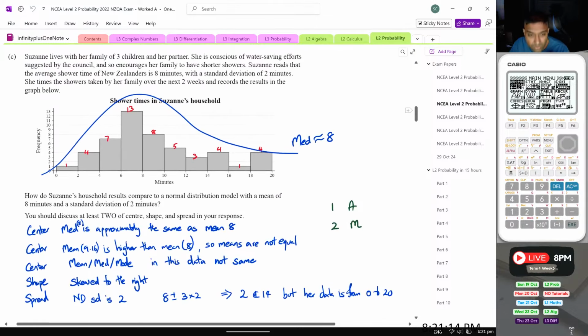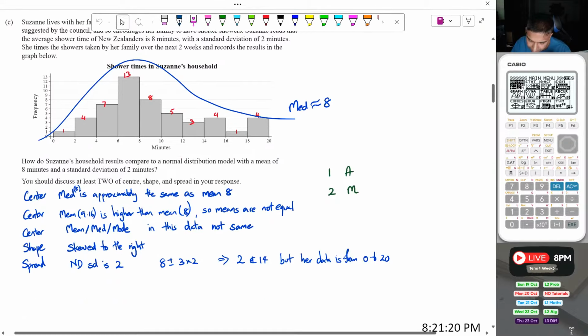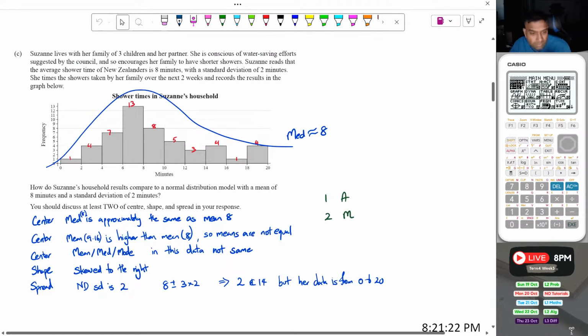See, this one here. Sorry, I'm just going to zoom in a bit here. They asked to discuss two of center, shape, and spread in response. So in this case, they've actually given a mean of 8 and a standard deviation of 2.